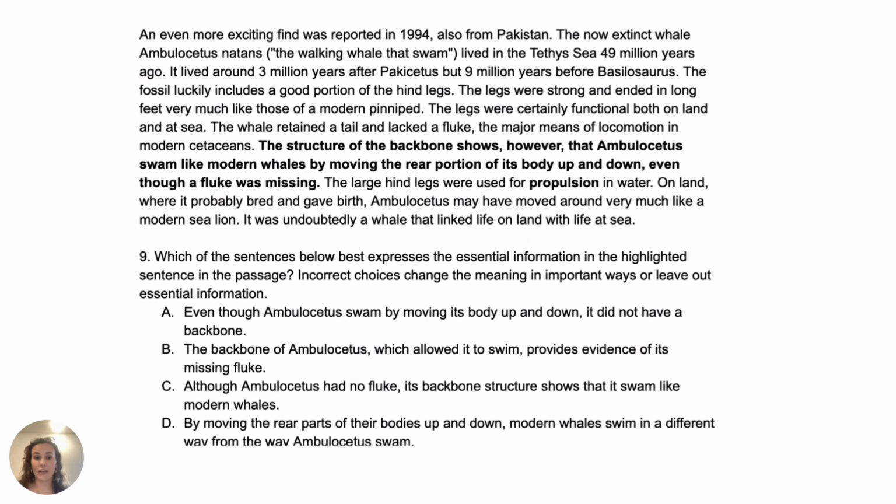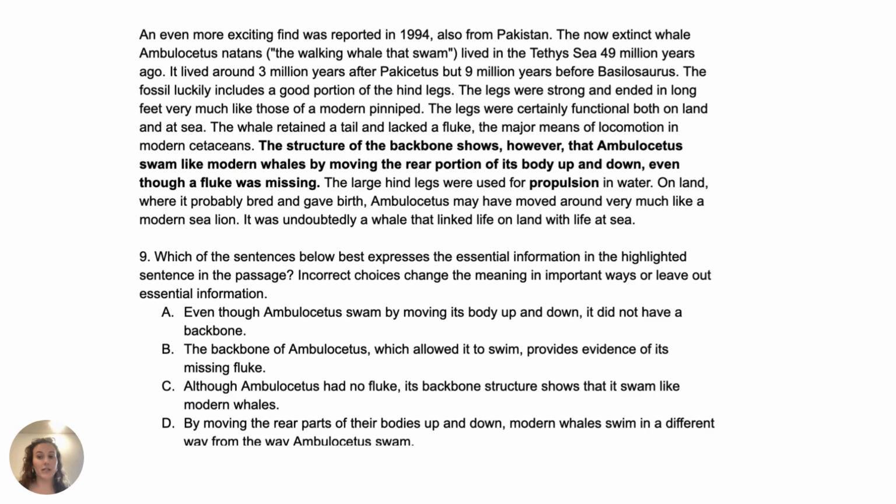What about choice C? Choice C is correct, but let's check out choice D before we discuss the accuracy of choice C. Choice D is incorrect. We know that it did swim like modern whales, not that it swam differently.